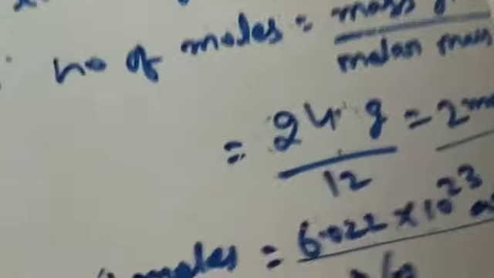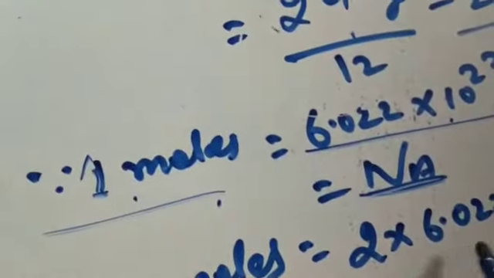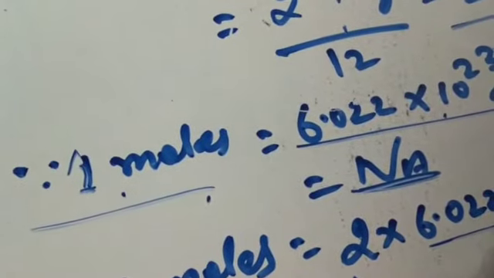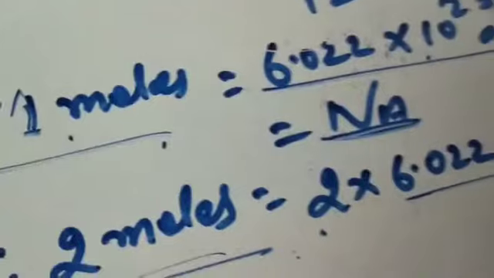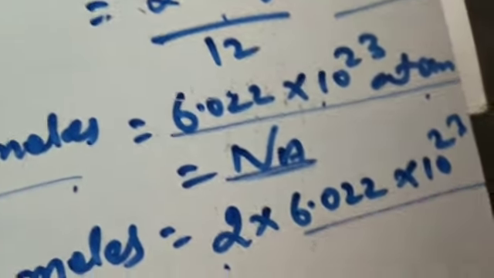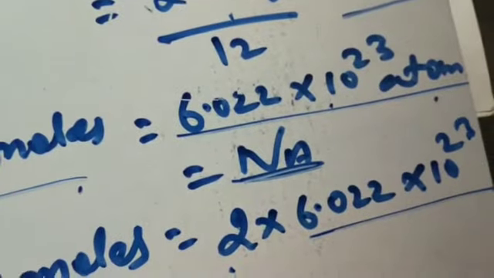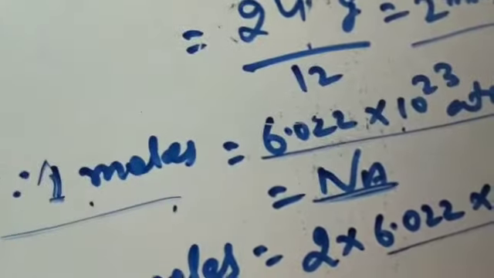Now, how many atoms are present in 2 moles of carbon? That is 2 into 1 mole. 1 mole contains 6.022 into 10 to the power 23 atoms of carbon, so 2 moles contain 2 into 6.022 into 10 to the power 23 atoms.